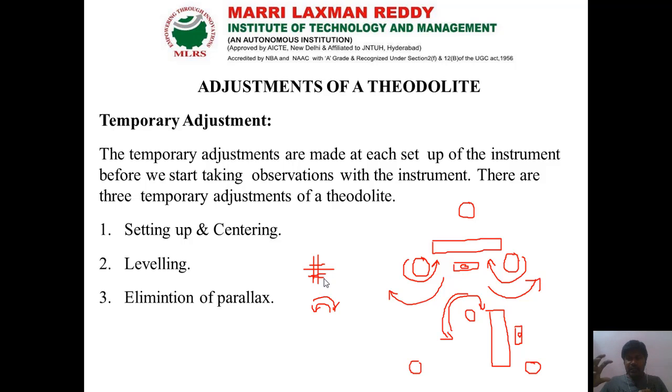Along with that, by adjusting the objective piece, whatever object is in front of the telescope gets clear visibility. This process is called the elimination of parallax. Okay, thank you.